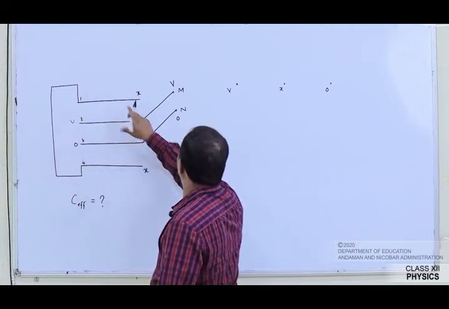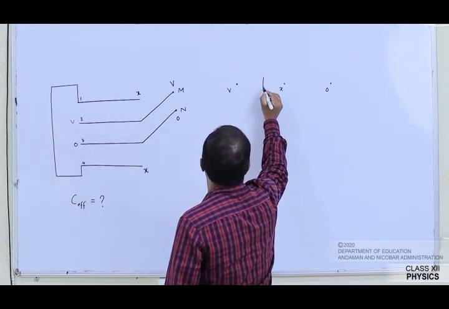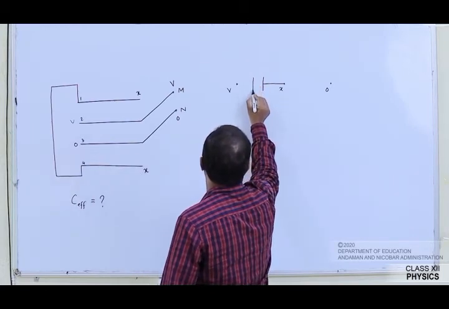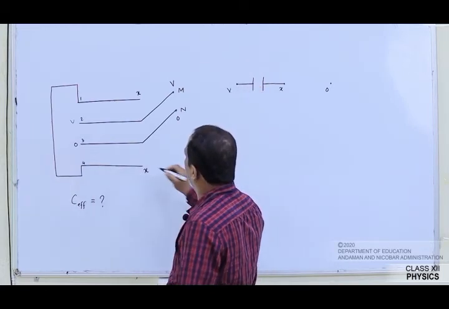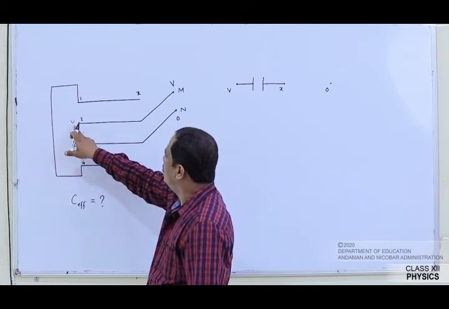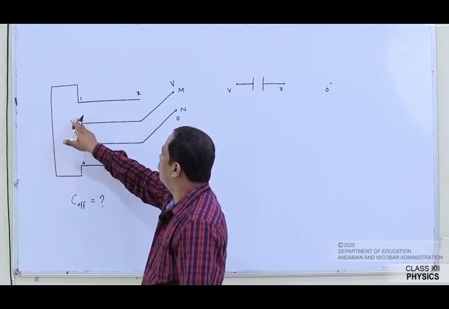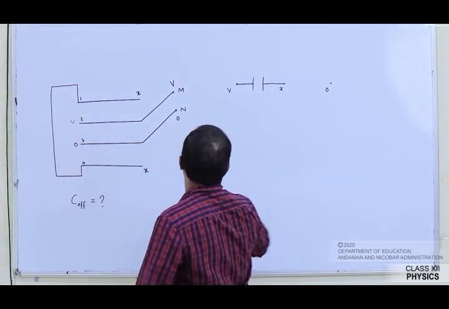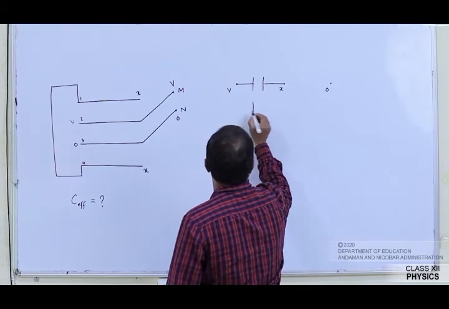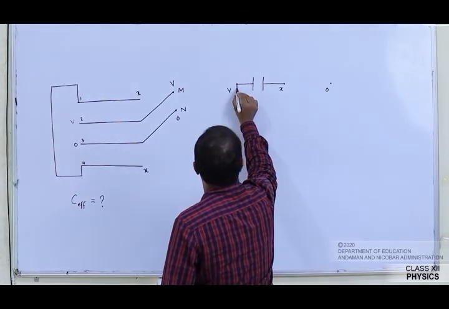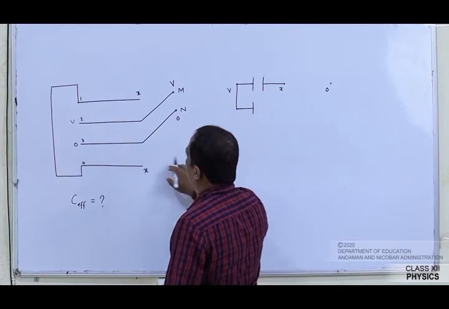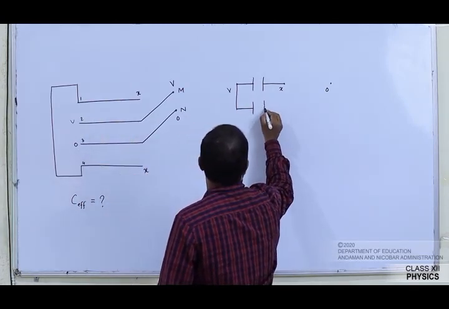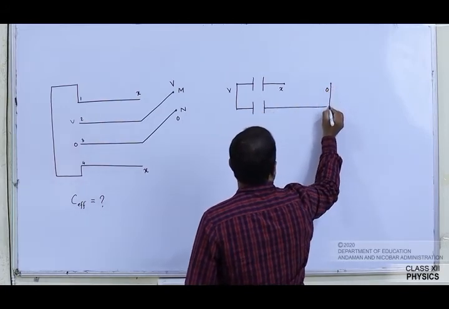Plate 1 is connected to X, plate 2 is connected to V. The second plate is connected to V, and this is connected to 0.